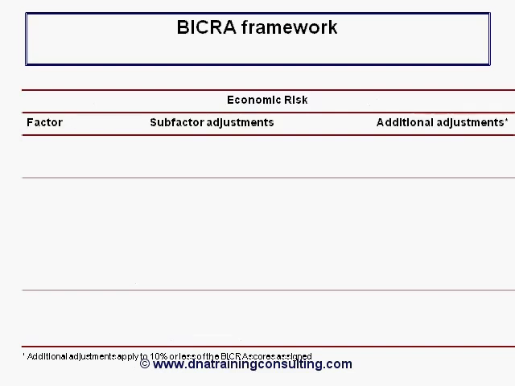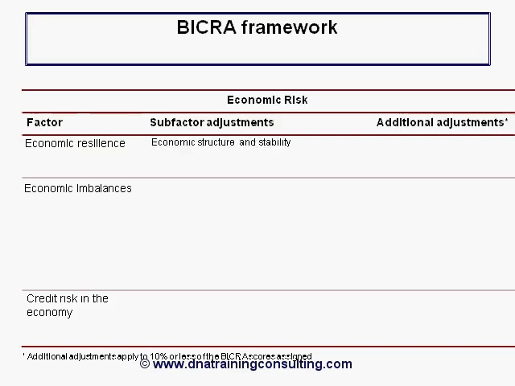The three factors S&P considers are economic resilience, economic imbalances, and credit risk in the economy. Under economic resilience, the three subfactors listed are economic structure and stability, macroeconomic policy flexibility, and political risk.